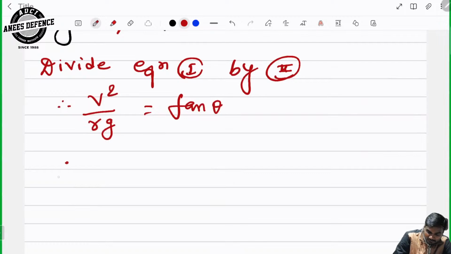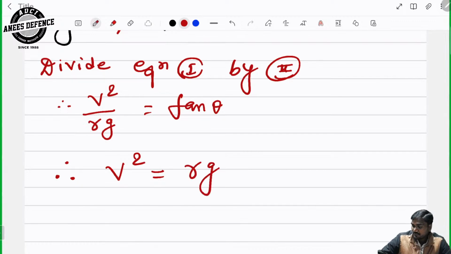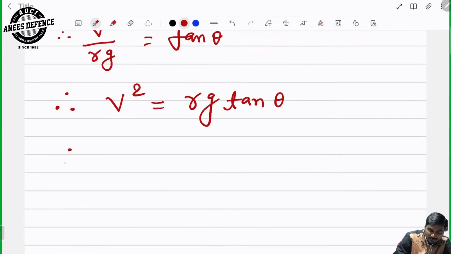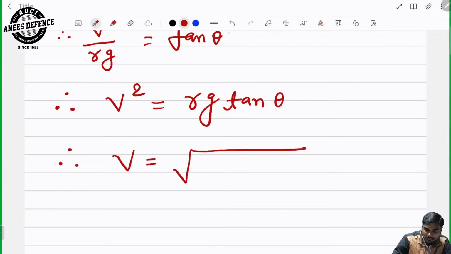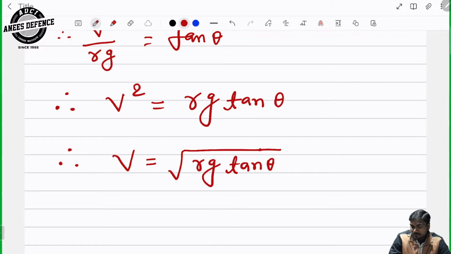Hence, v square is equal to rg tan theta. Hence, v is equal to root of rg tan theta.